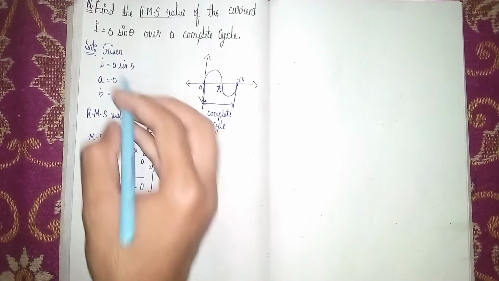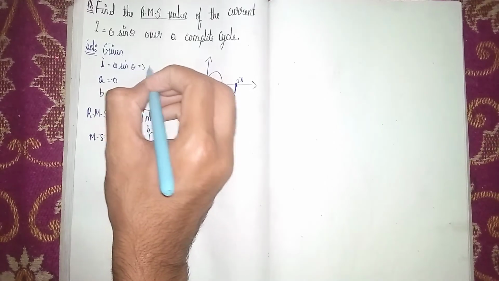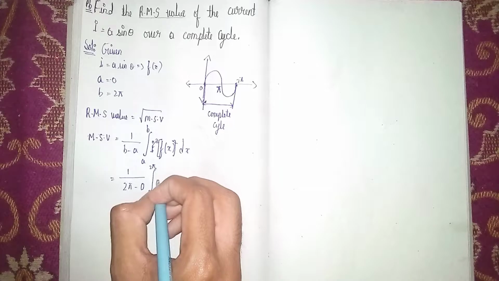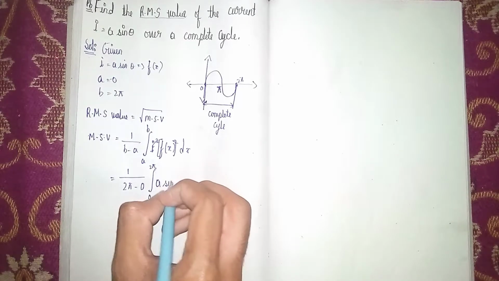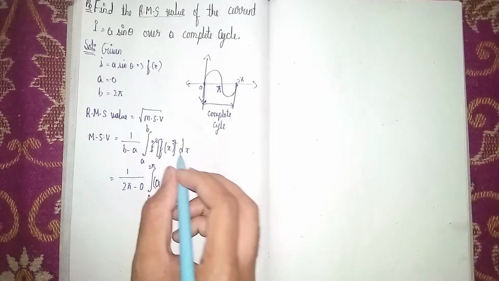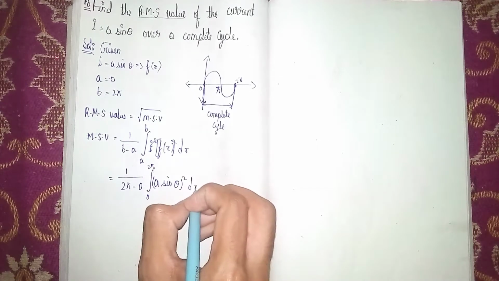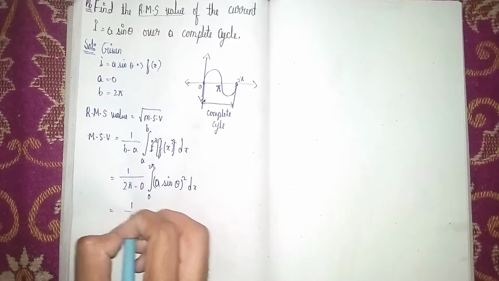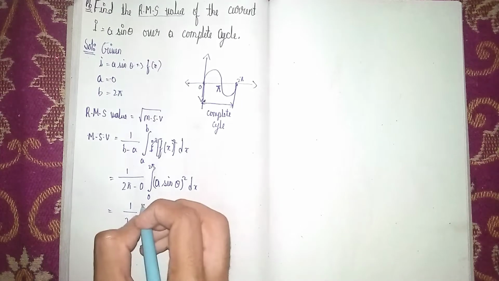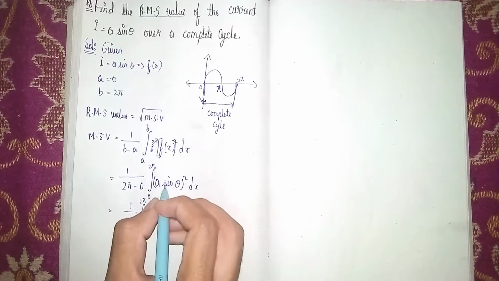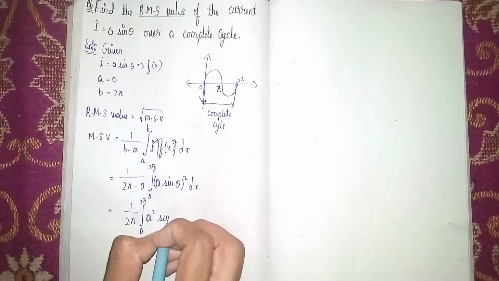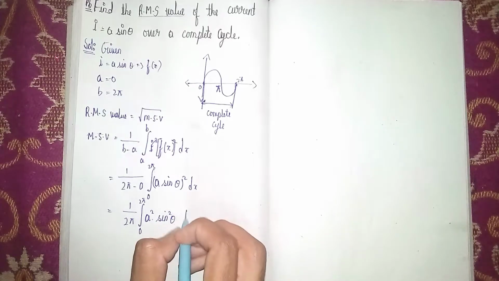Now f of x means I only, so f of x is A sin theta, whole square. Now it becomes 1 by 2 pi integrate 0 to 2 pi, separate the square, so it becomes A square into sine square theta into d theta.